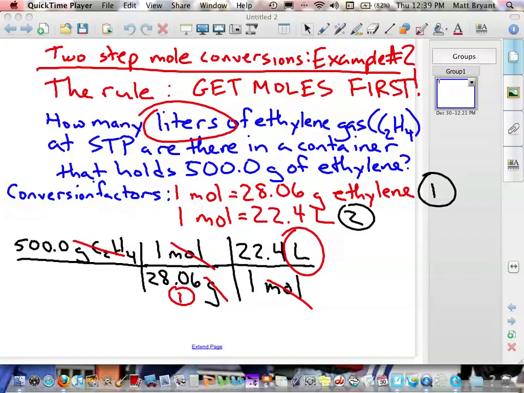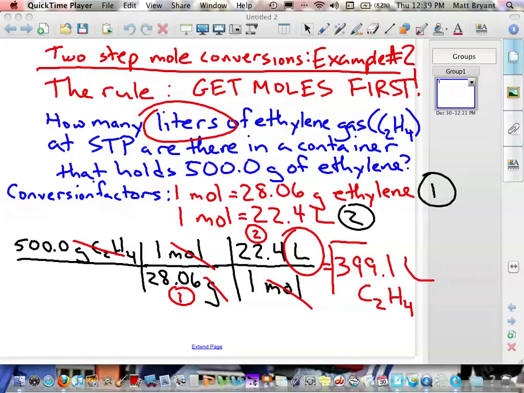That's step number 1 here. And then, because it's on top of the fraction, we multiply by 22.4. When we get that answer, and this time we're rounding to 4 sig figs because that's what we started with, we get an answer of 399.1 liters of ethylene.